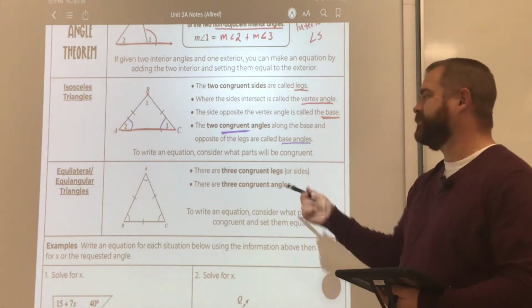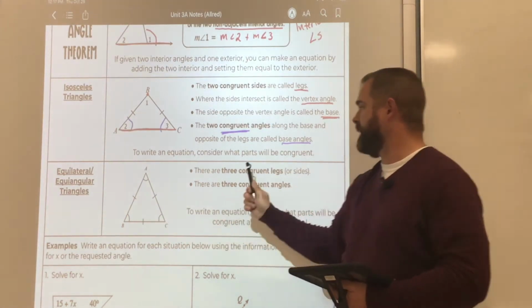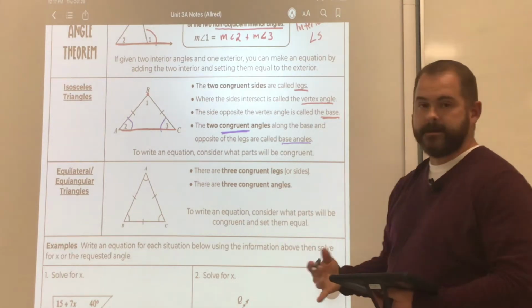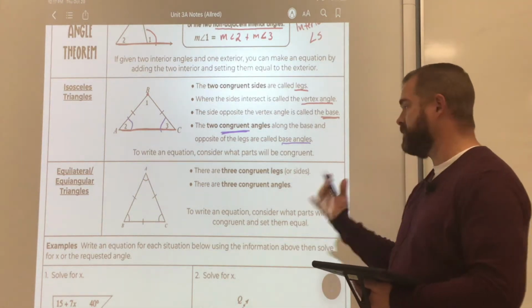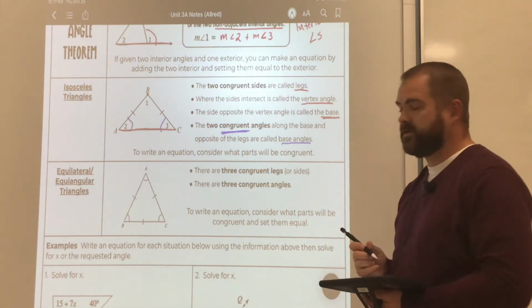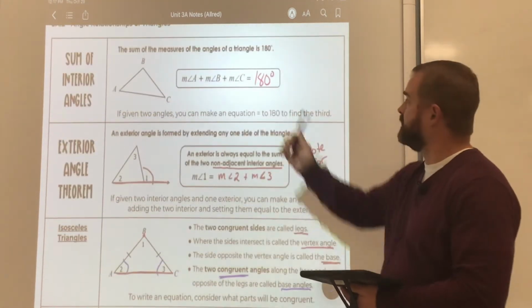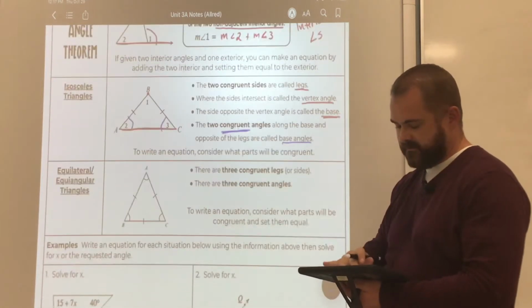Also, an equilateral triangle is also equiangular, and the three congruent sides are sometimes called legs, but there are three angles and they are all congruent. Because they are all congruent, and all three angles add up to 180 degrees, they're all equal to an equal portion of that 180.